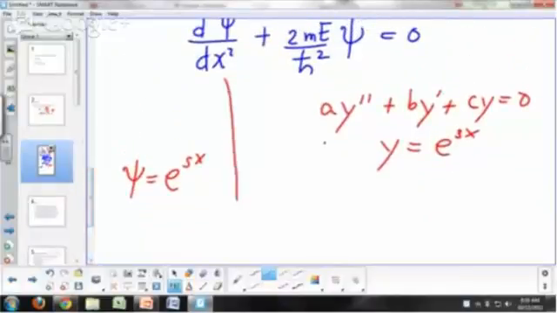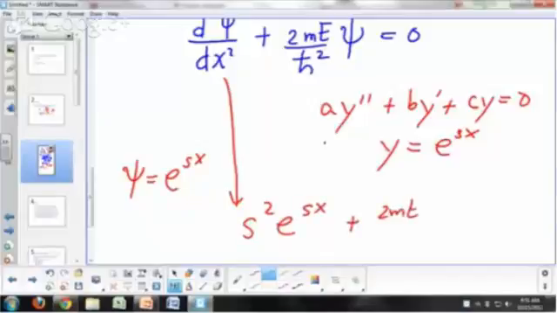What's the second derivative of e to the sx? s e to the sx would be the first derivative. The second derivative would be s squared e to the sx. So plus 2 times the mass times energy over h bar squared, and psi is just e to the sx.